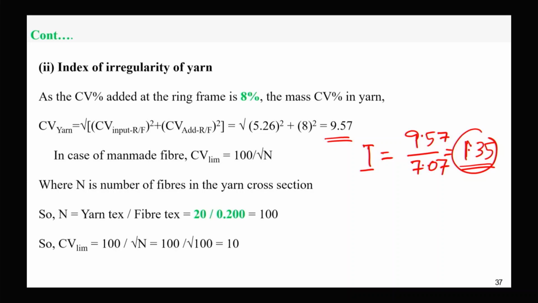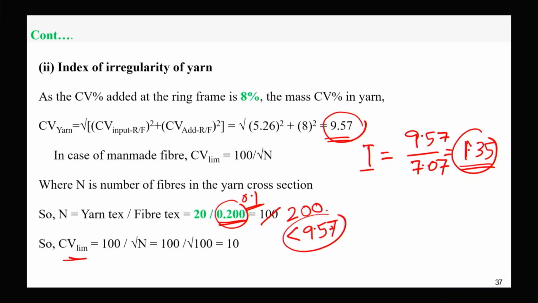We have seen that with 0.1 tex, the number of fibers should be 200. Anyhow, the number of fibers should be such that this CV limit should be less than 9.57, so that we can get the value of index of irregularity more than 1.